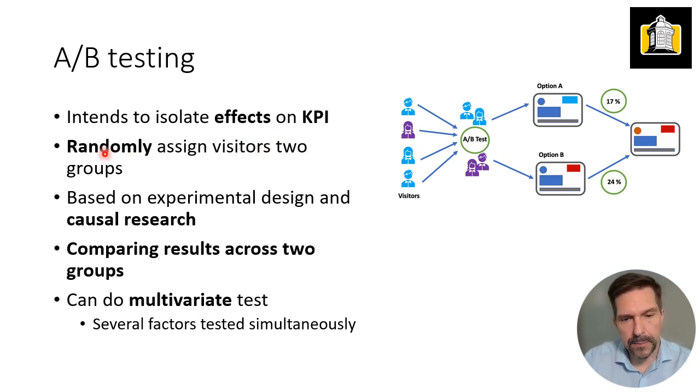Then your next step after you have decided what is the variable that you're trying to test and what is your goal, right, your KPI, then what you're going to do is you're going to randomly assign people that come your way to either option A or option B, right?